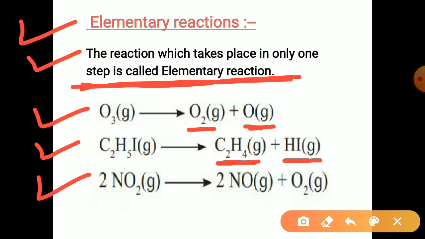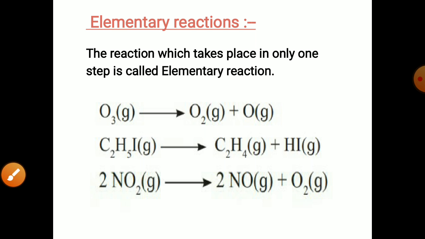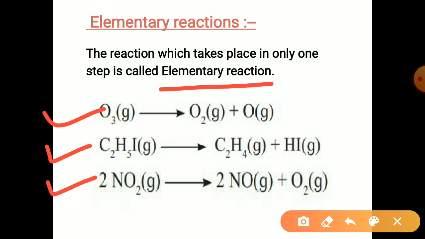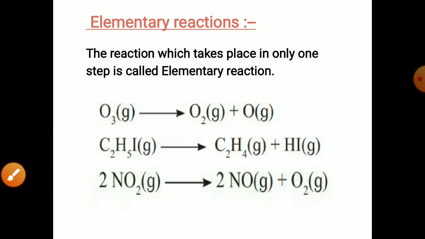Nitrogen dioxide gets decomposed to nitric oxide and oxygen gas. These reactions all take place in only one step, so they are called elementary reactions.